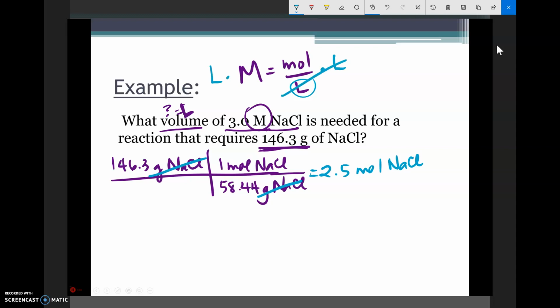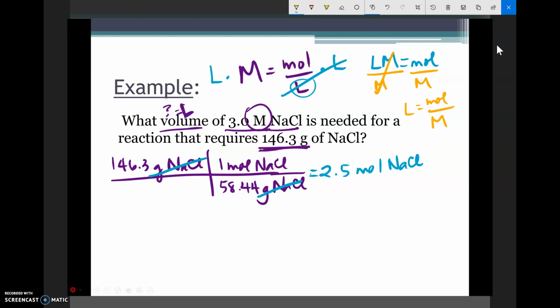That's going to cancel out our liters. So now we have liters times molarity equals moles. And now we need to get rid of the molarity. So liters is by itself. So we're going to divide by molarity. So now we have liters equals moles over molarity.